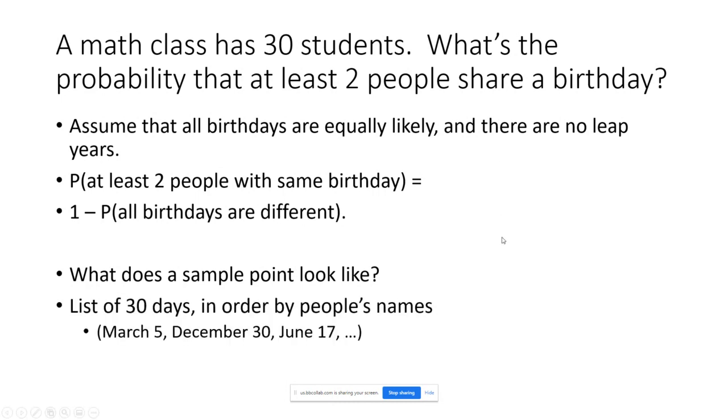So the sample point must be a list of 30 days that we found out from each of those people. Let's put them in order alphabetically by people's names, so we have a fixed order in which we're writing these dates. For example, the first person says March 5th, the second person says December 30th, and the third person says June 17th. We get 30 of those in one ordered list. That'll be one sample point.